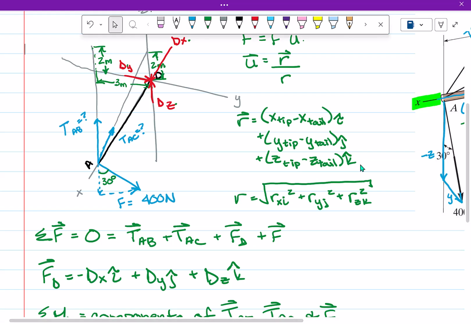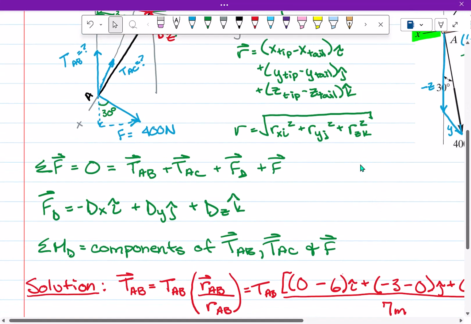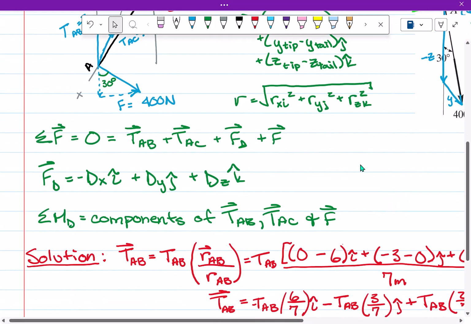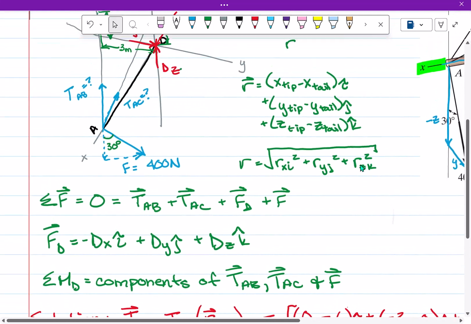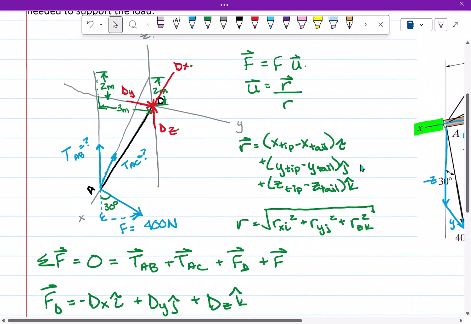Finally, we want to take the sum of the forces. Those are equal to 0, otherwise it's going to be moving, right? In this case, they have to balance each other out. We have the tension in AB, the tension in AC, plus the reaction vector at D, which is the reactions Dx, Dy, Dz, plus our F vector, which is the 400 newtons down and to the right.